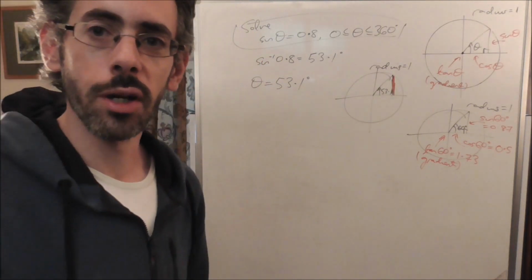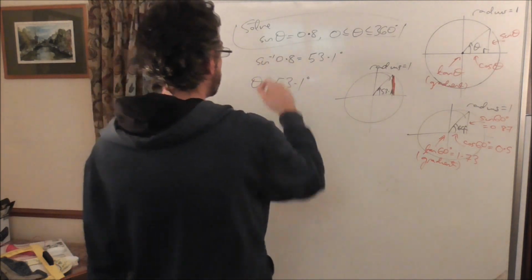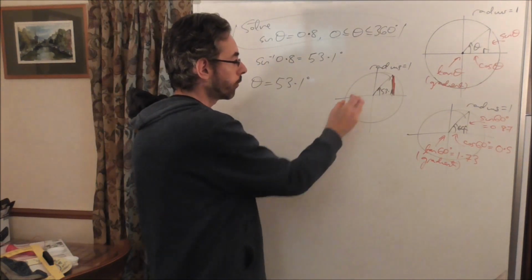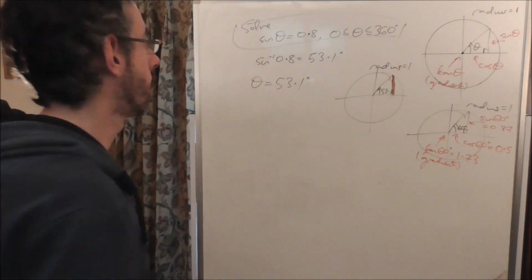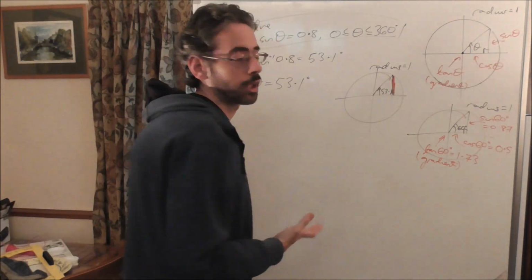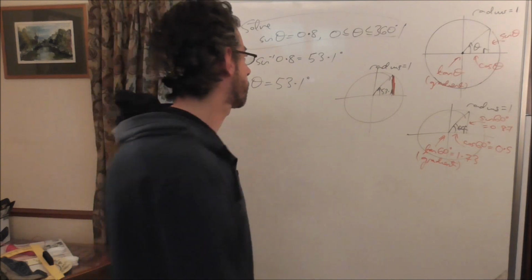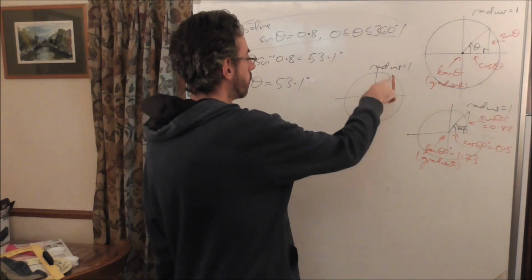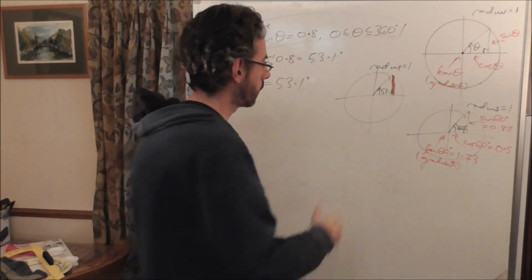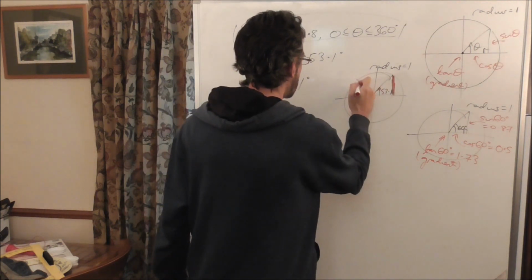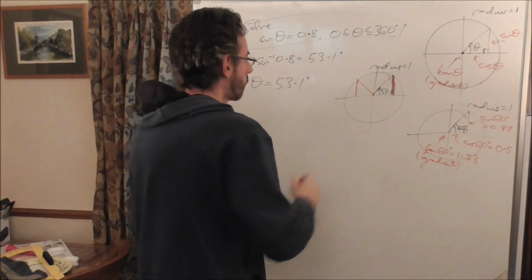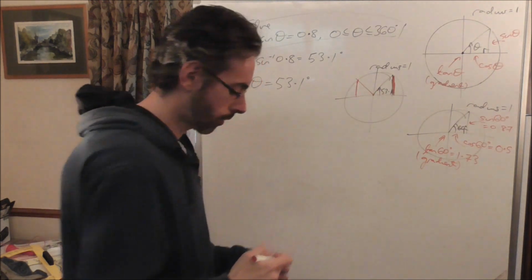So we're looking for other angles also with a sine value of 0.8. If I could draw another triangle with a height of 0.8, that would help me find other solutions. So how can I draw another triangle in this unit circle with the same height? Well, I could just reflect this triangle across, and then I'd have another triangle also with a height of 0.8.